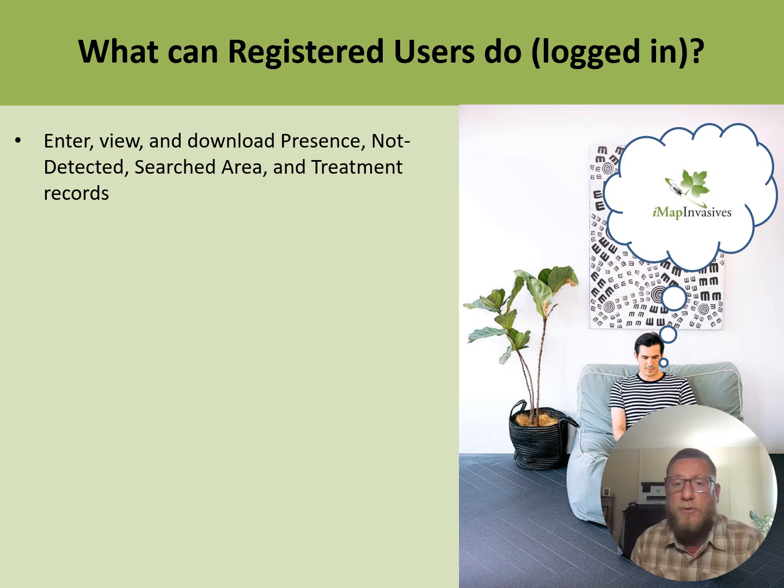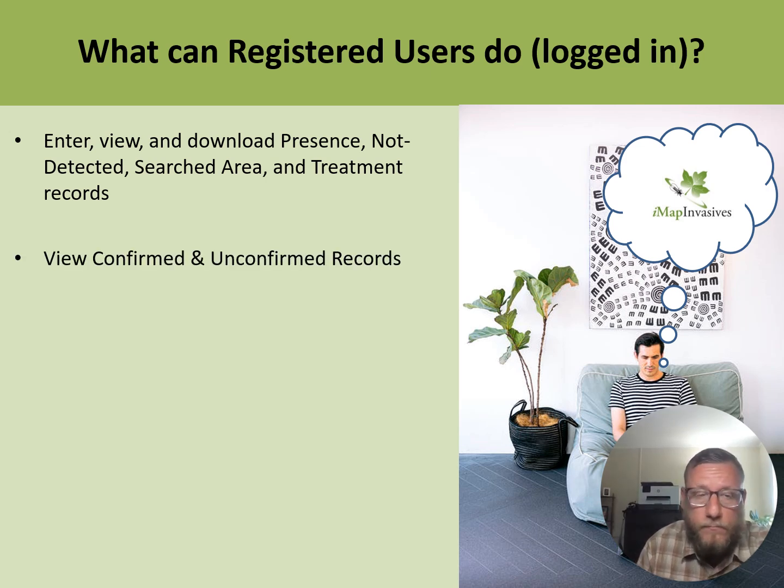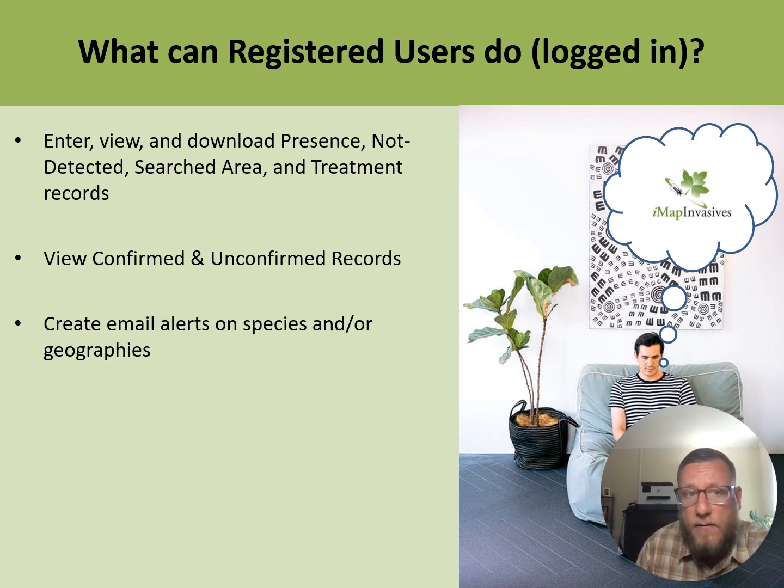What can a registered user do? So if you have an account and you're logged in, you can enter, view, and download presence, not detected, searched area, and treatment records. You can view both confirmed and the unconfirmed records. You can create email alerts on species and/or geography. So these are often called horizon scans.